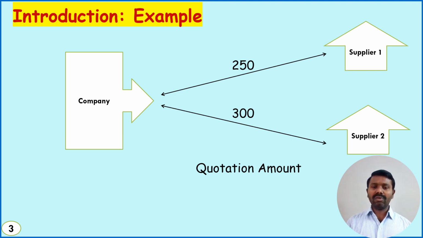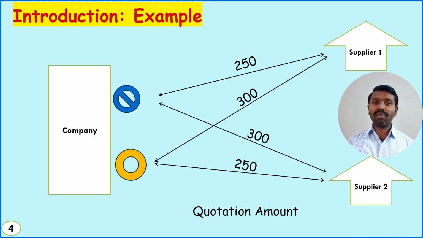For example, you are a manager of a company or a salesperson of a company. You need to purchase one product from a supplier. There are two suppliers who have given the quotation, one supplier with 250 rupees and another supplier with 300 rupees. For minimizing the cost of purchase, you will be purchasing this product from supplier 1 because that will minimize the cost. Now you need to purchase two products from two different suppliers.